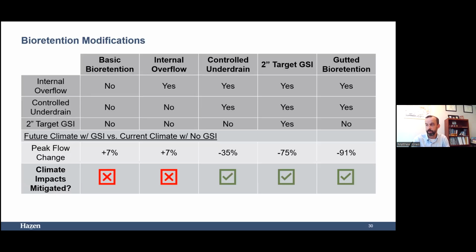Same with our internal overflow, including that element by itself didn't meet our drainage relief target here. But when we add in the controlled underdrain, when we increase the size of our green infrastructure, or if we go with that gutted bioretention configuration as a retrofit, all of those were able to have some substantial reductions on our peak flows.